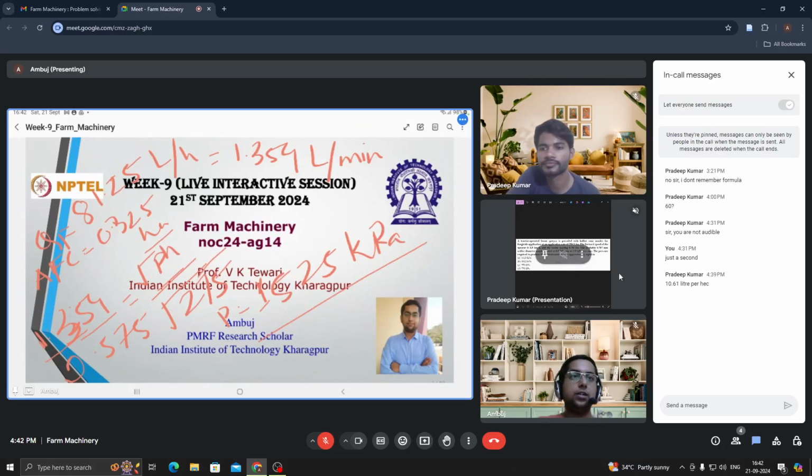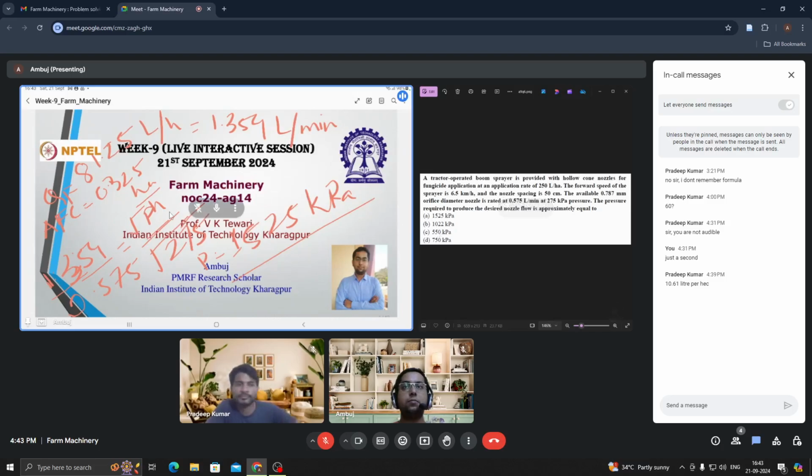See here. For the actual field capacity in this question, I'll calculate using S into W divided by 10. Speed has been given 6.5 kilometers per hour, nozzle spacing 0.5. So 6.5 multiplied by 0.5 divided by 10 is 0.325 hectares per hour.